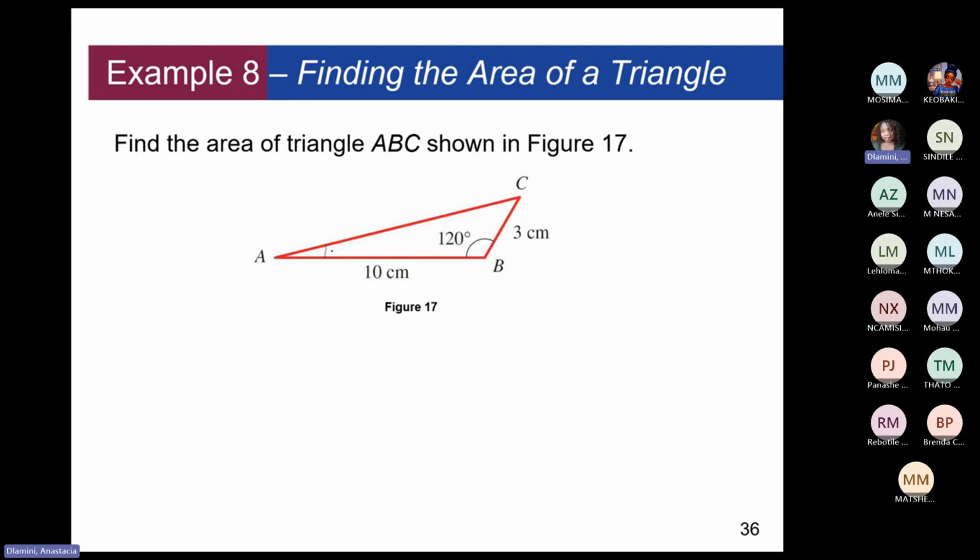You can draw perpendicular lines, but logically, this cannot be the height of a triangle. Do you agree? Even if it's perpendicular. The maximum point of a triangle is this one here, and if you draw it inside here, it will never form a perpendicular line.